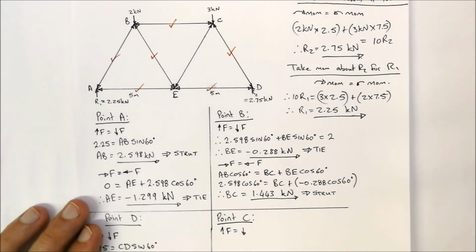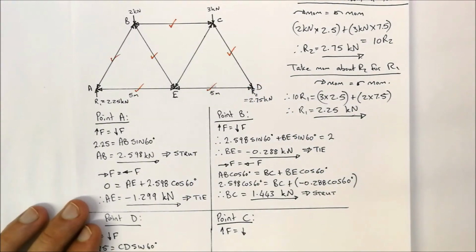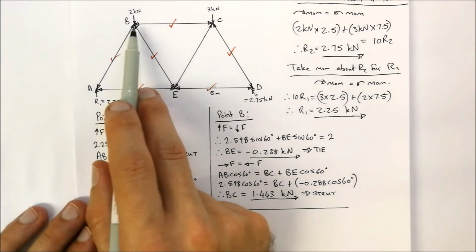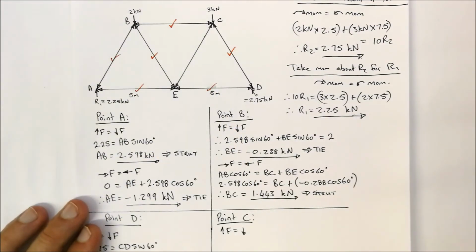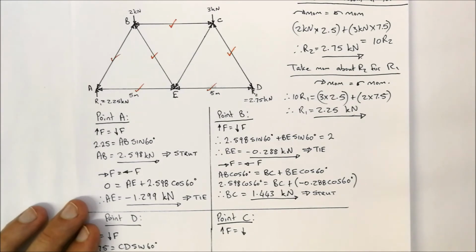I'm just doing upward and downward forces because I've already got one known force of 3 kilonewtons, so it decreases my chance of calculation error. For example, if BC was calculated incorrectly, I'm not using BC again, I'm using my other forces. There's still a chance that I could have made a calculation error, but I'm trying to minimize it.